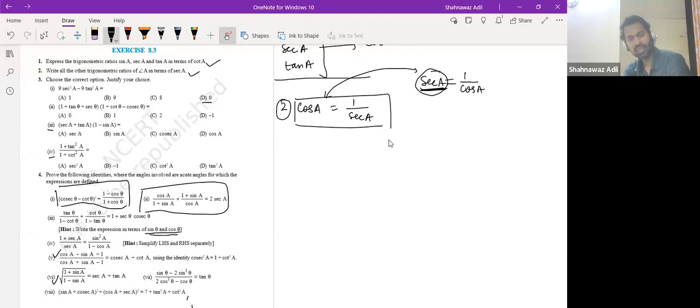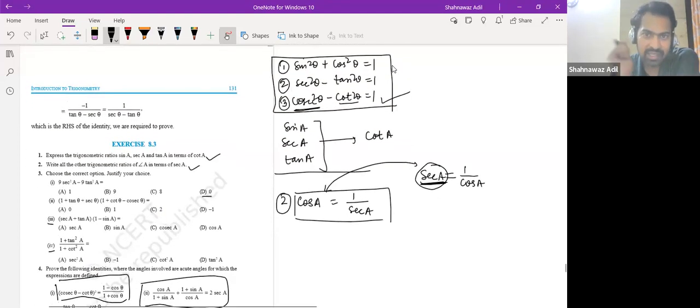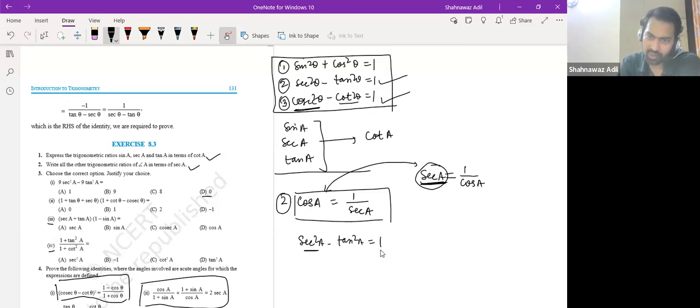Now, looking at the equations that we have, which one has sec theta? Sec square theta minus tan square theta. This one. So from this we can calculate what? We know sec, right? We know one.